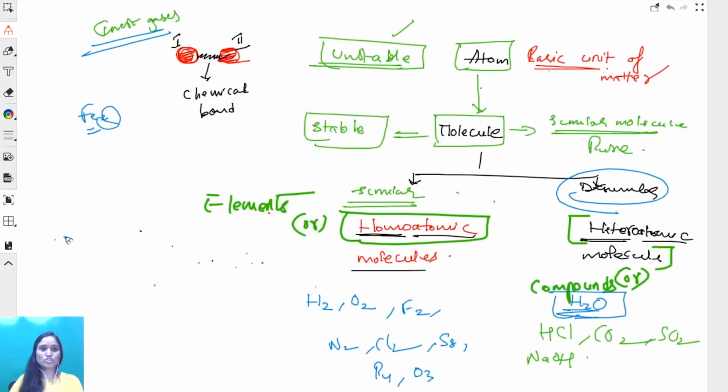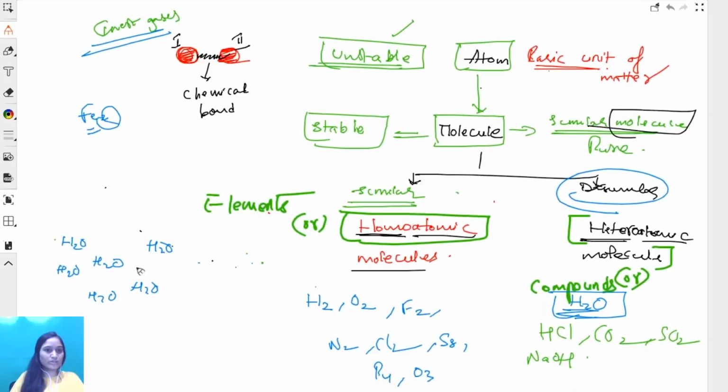Now, if you're worried about H2O, say I have a tank filled with water molecules, only H2O altogether. And now in this tank, my question is if it is pure or not. To justify this, the simple thing we can do is check if it has all similar type of molecules. I repeat, similar type of molecules.